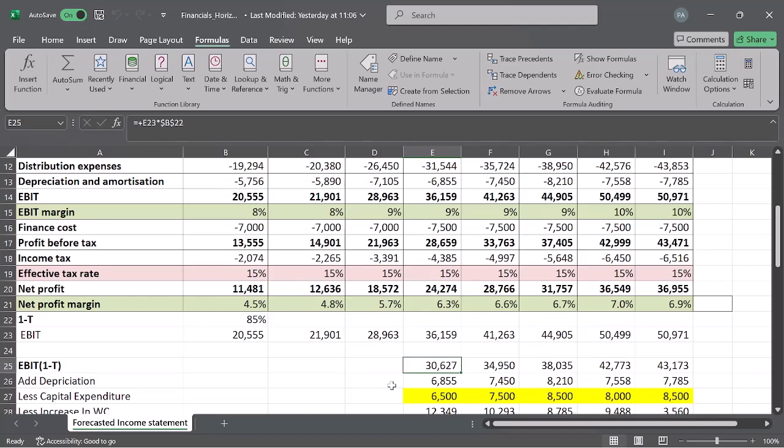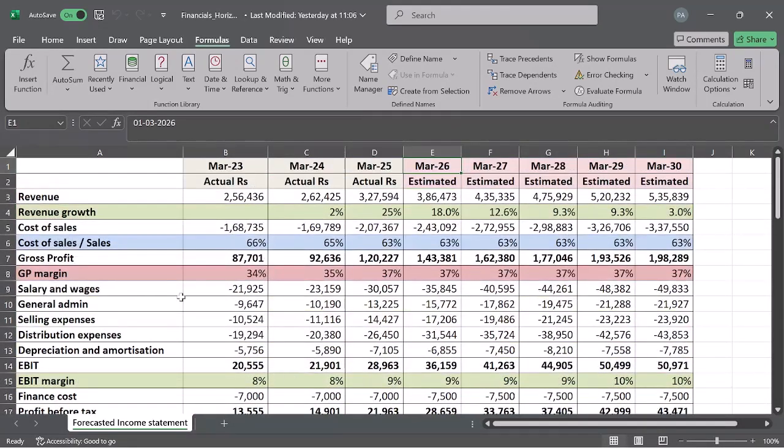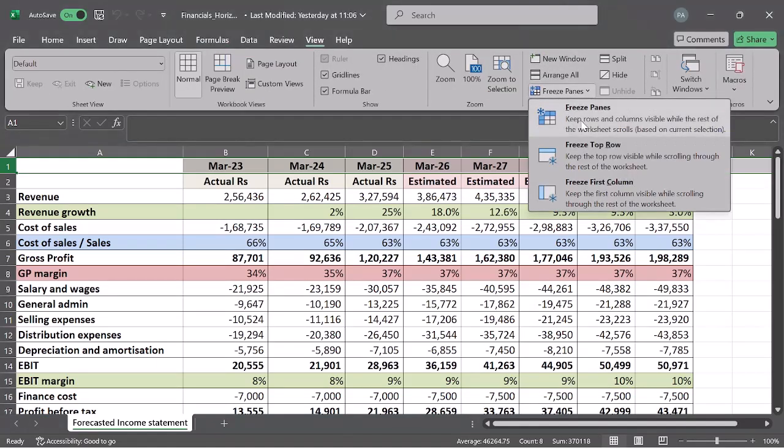Whatever EBIT we have estimated, we are going to look at only the estimated now. Forget about the actuals. Since we are going to calculate the future cash flows of the company, we look at the estimated.